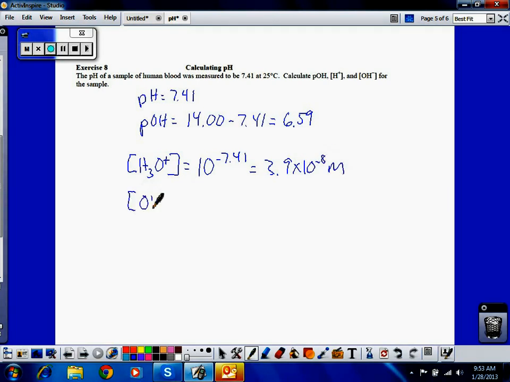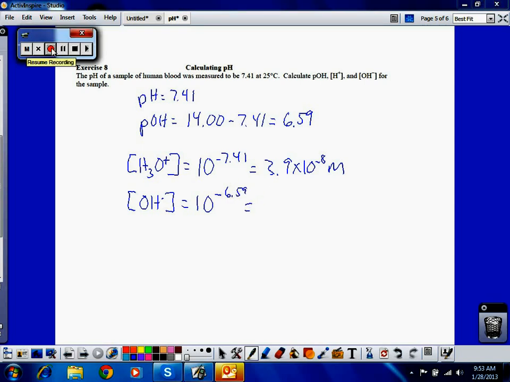The concentration of hydroxide would be 10 to the negative 6.59, and that equals 2.6 times 10 to the negative 7th molar. So I think this is easier than trying to plug numbers into the Kw expression directly, and it makes the math a little easier.